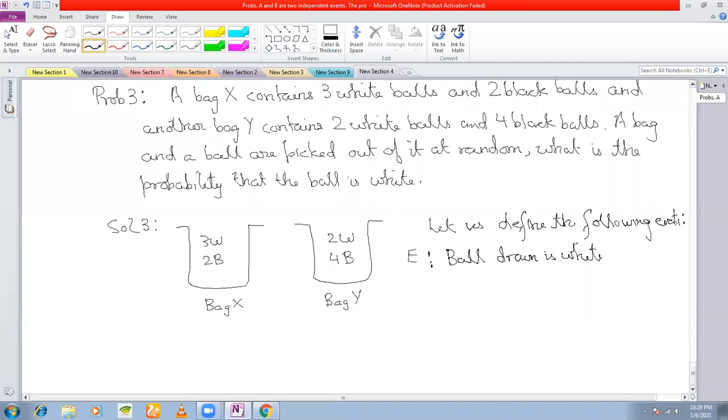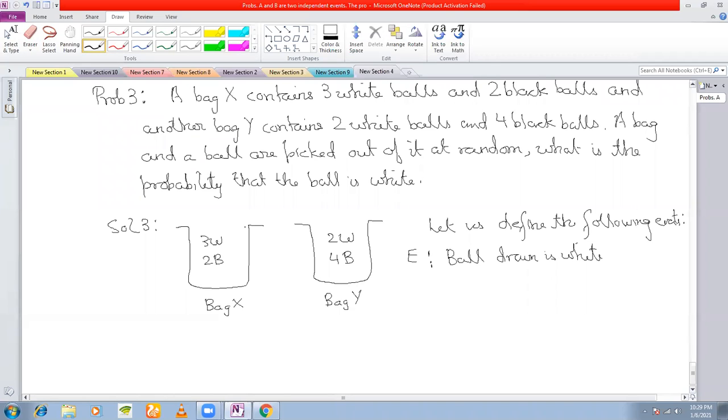Now read the question. These 2 bags are there. And what happens? I don't know which bag I'm drawing from. In fact, I'm not drawing from both the bags. I'm choosing the bags. If you read the question, it states that I am choosing the bags. I can draw from any of the 2 bags.